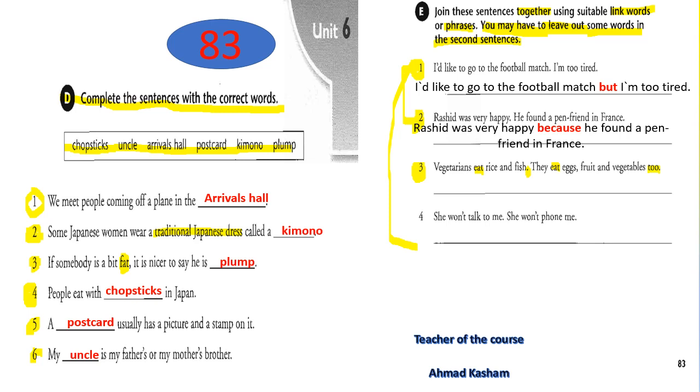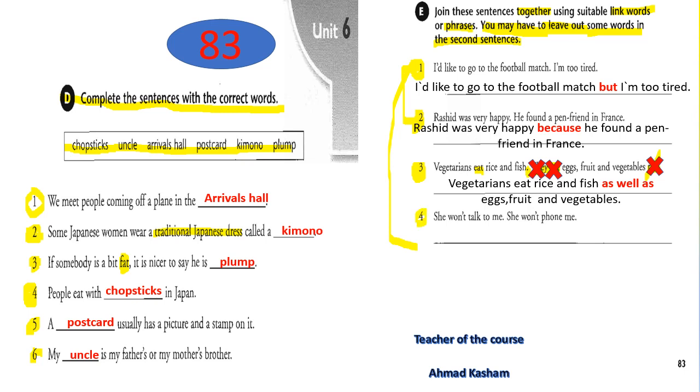So, as well as has the same meaning as too, so I'm going to delete too. Also, I will delete they and eat because they are repeated. I'm going to delete they, eat, and too. And the sentence will be like this. Vegetarians eat rice and fish as well as eggs, fruit, and vegetables.